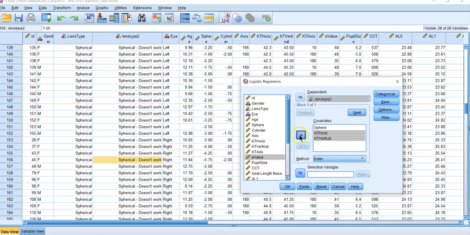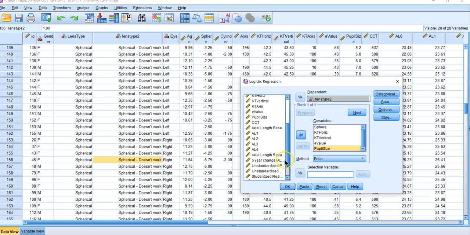Again, axis may be okay in this one, but I think we'll just skip it. The eccentricity, the E value: how round is the eye? Pupil size: how big is the pupil? Central corneal thickness. And we should also put in axial length at baseline, because this is the effect. So everybody is basically set to be equal at the beginning.